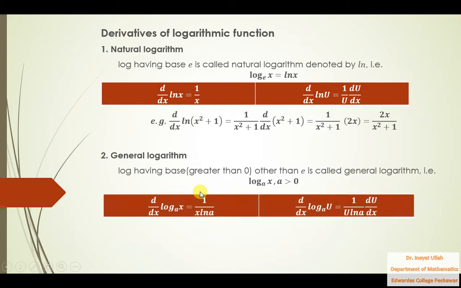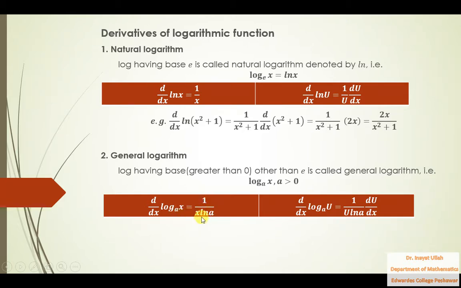What is the derivative of a function having general logarithm? That is in front of you. The derivative of log to the base a of x is the same 1 by x, but there is another quantity multiplied with it, the natural log of this base, natural log of a.